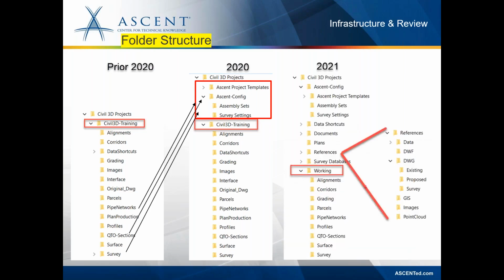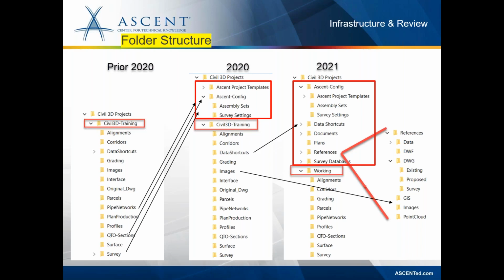Within 2021, I renamed the Civil 3D training folder to working folder, and I introduced an expanded configuration file, as well as, well, I'll get to that shortly. And in that expanded set, I moved the data shortcuts into the configuration files.